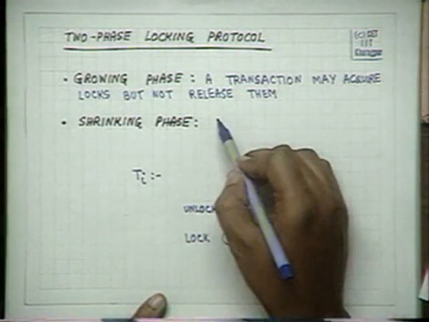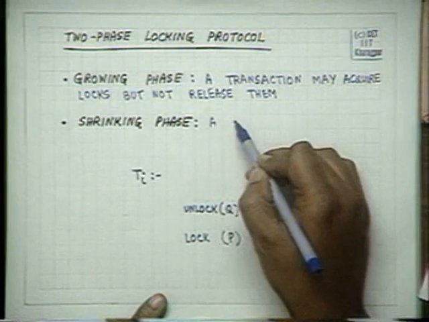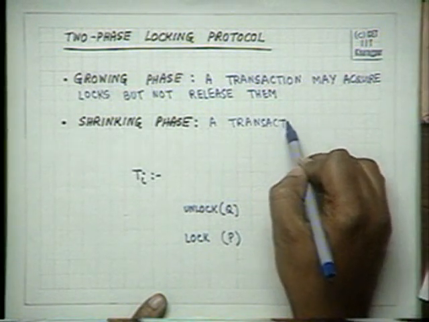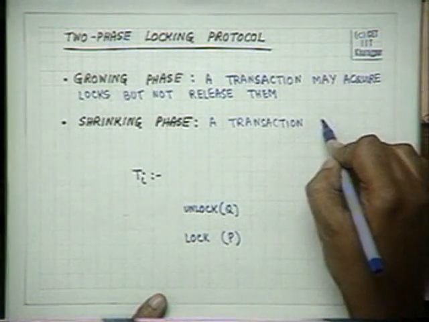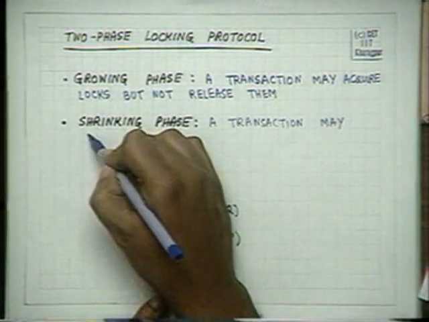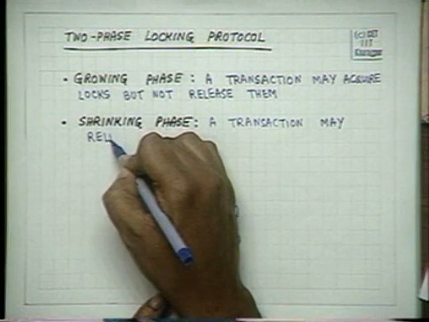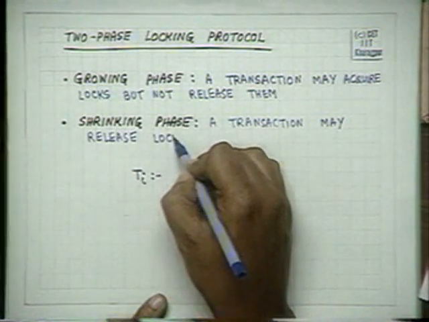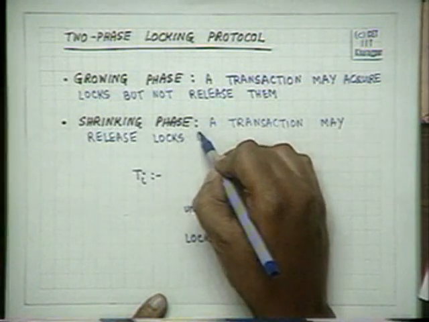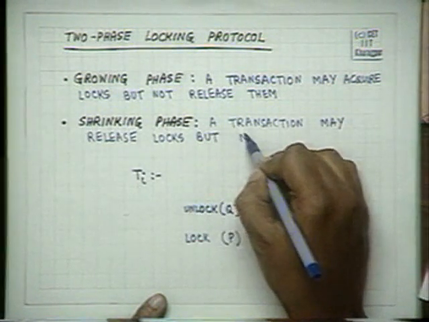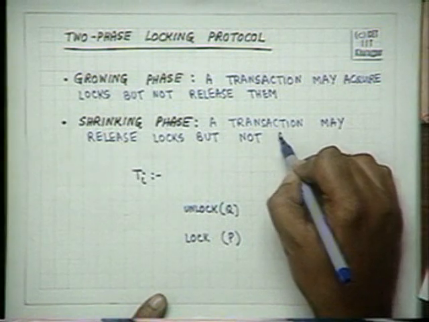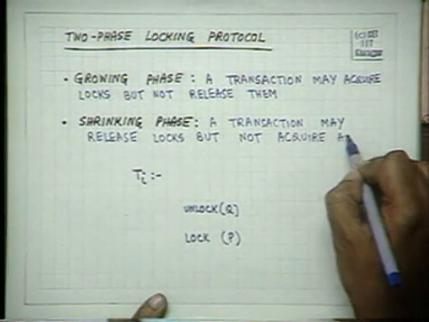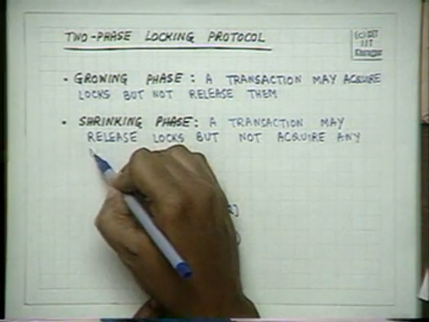And in the shrinking phase, a transaction may release locks but not obtain or acquire any new locks.